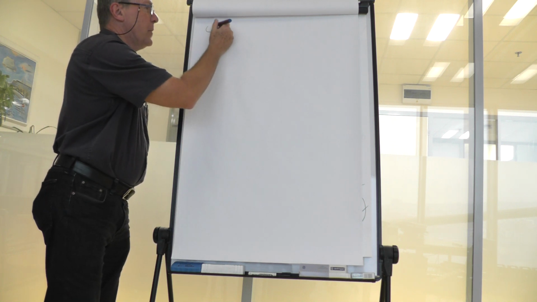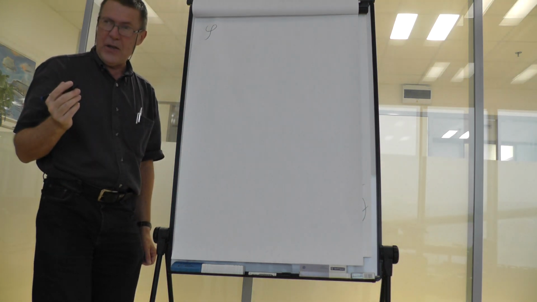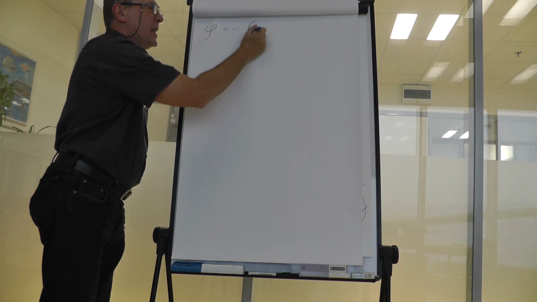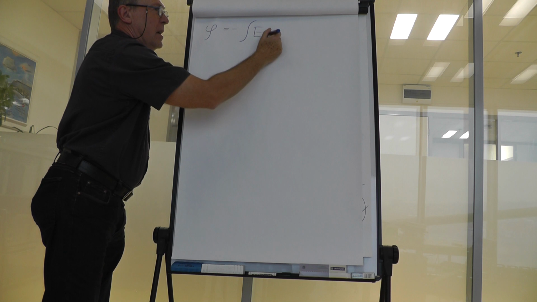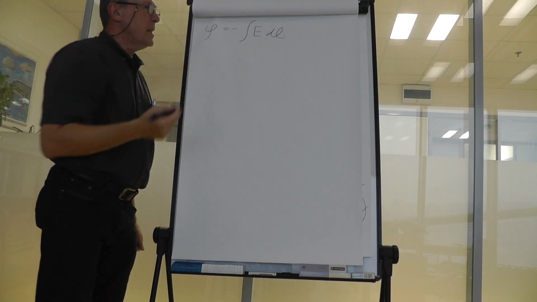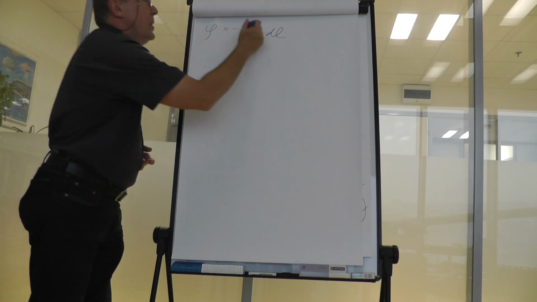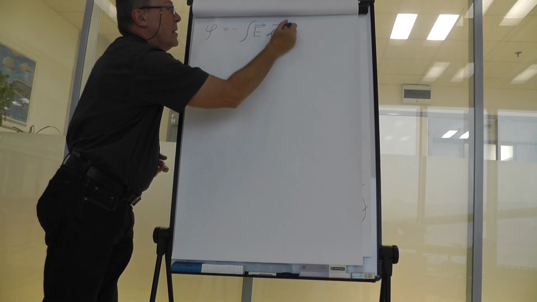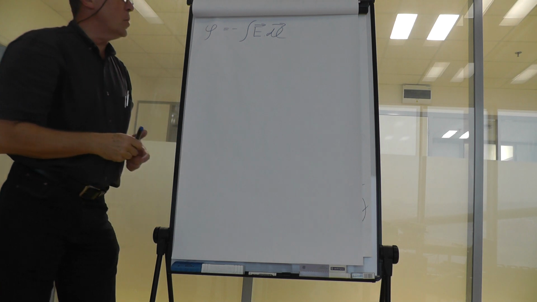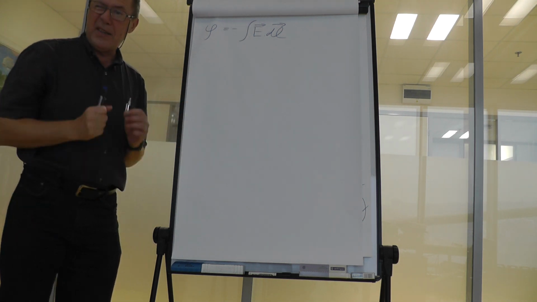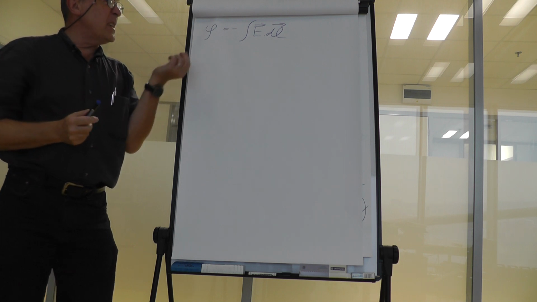We have denoted it phi, and that potential is minus the integral of the electric field strength along a path L, which, to be exact, needs a dot product and vector symbolics. Well, okay, so we have this definition.